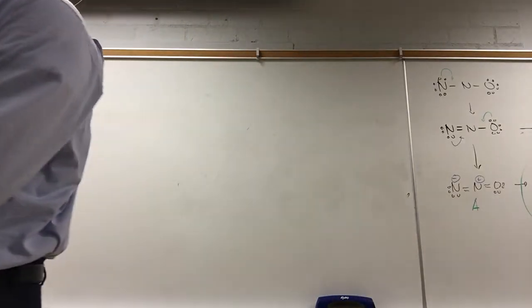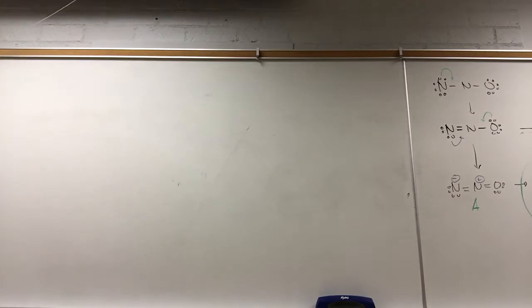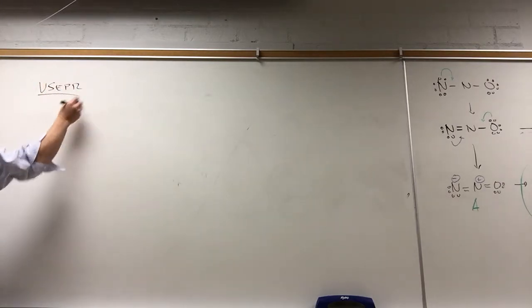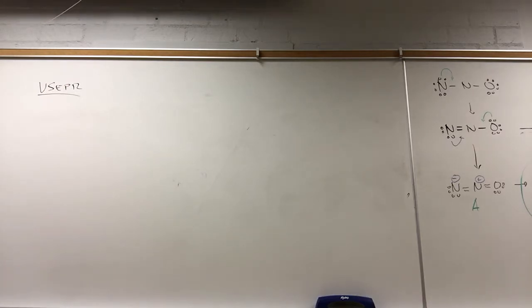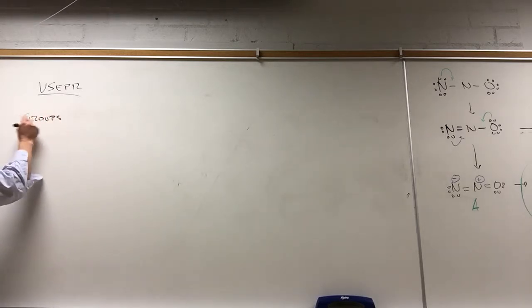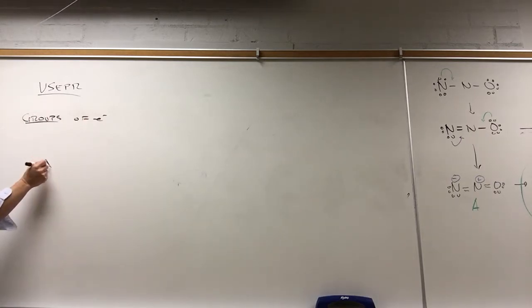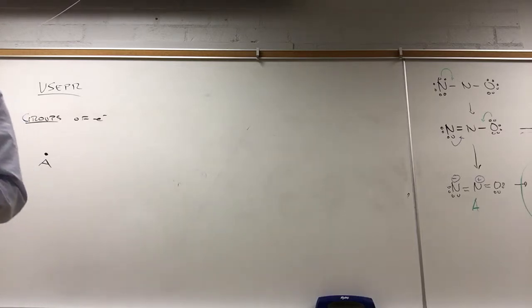Now we're going to talk about structure using VSEPR. VSEPR stands for valence shell electron pair repulsions, and we're just looking at groups of electrons. The first thing is we need to determine groups of electrons. This would be just a single electron.